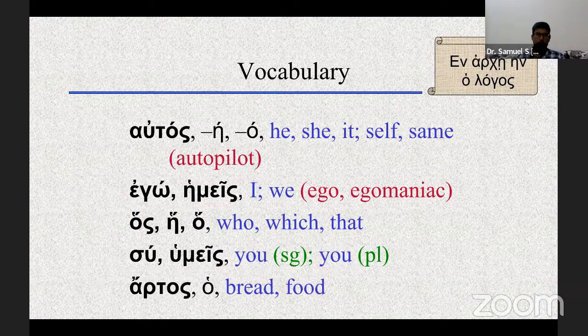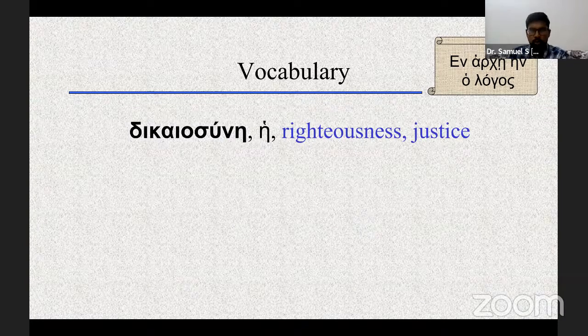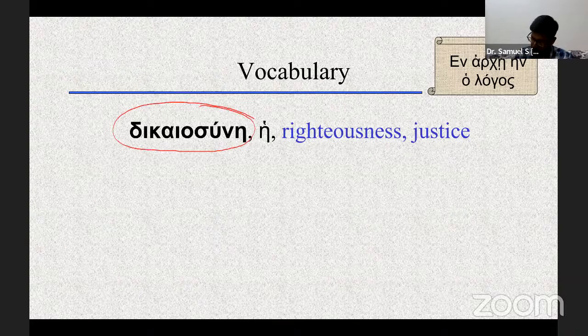Artos, bread. Second declension now. Masculine. Artos, bread or food. Dikaiosune, righteousness or justice. Paul uses this many, many times. The righteousness of God, Romans 3.